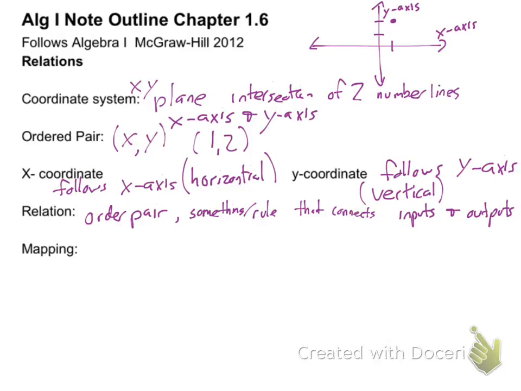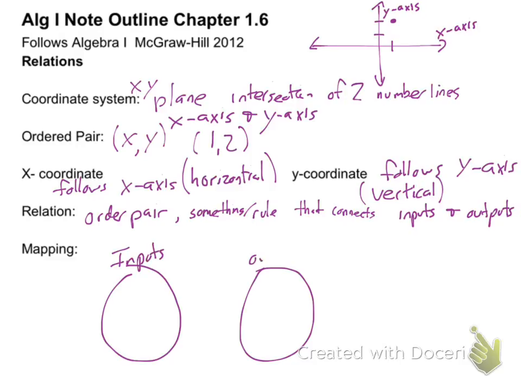Now, one way we can show a relation or relationship is by a mapping. A mapping, guys, takes your inputs and your outputs. We will call these domain and range soon, I think, today or tomorrow. So we don't really know what those are. We will learn those definitions in a little bit. But it basically takes inputs, no matter what they are, and connects them to outputs.